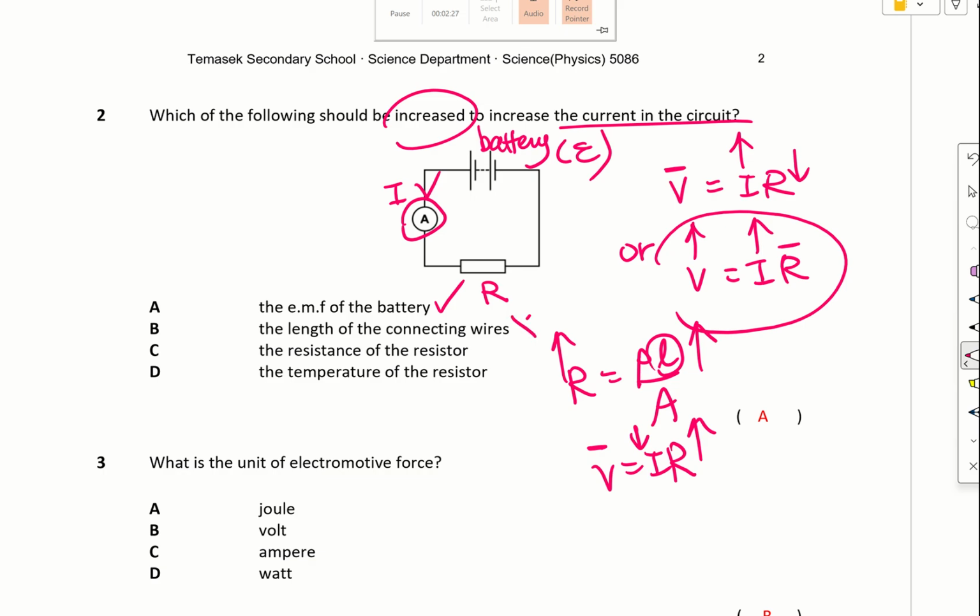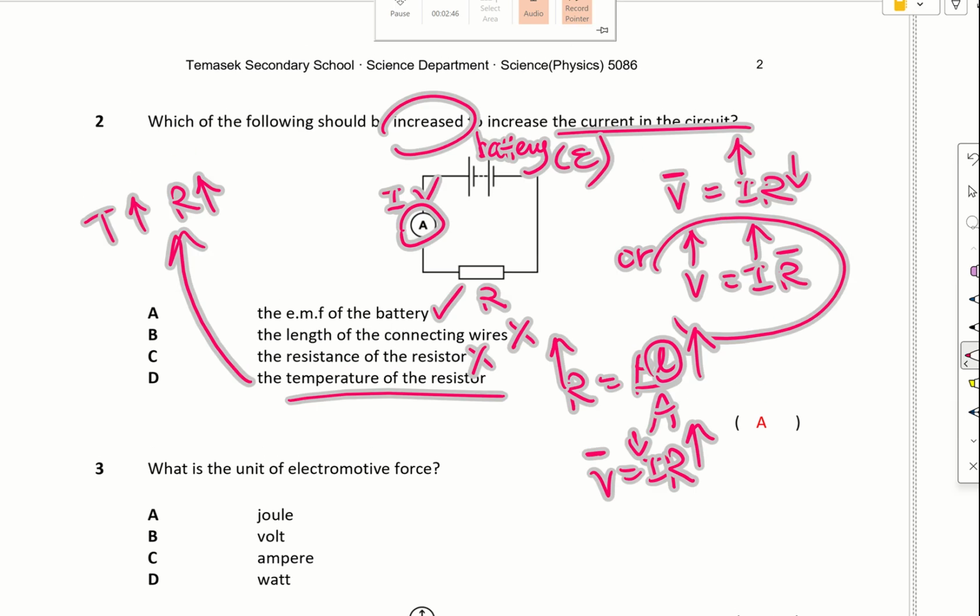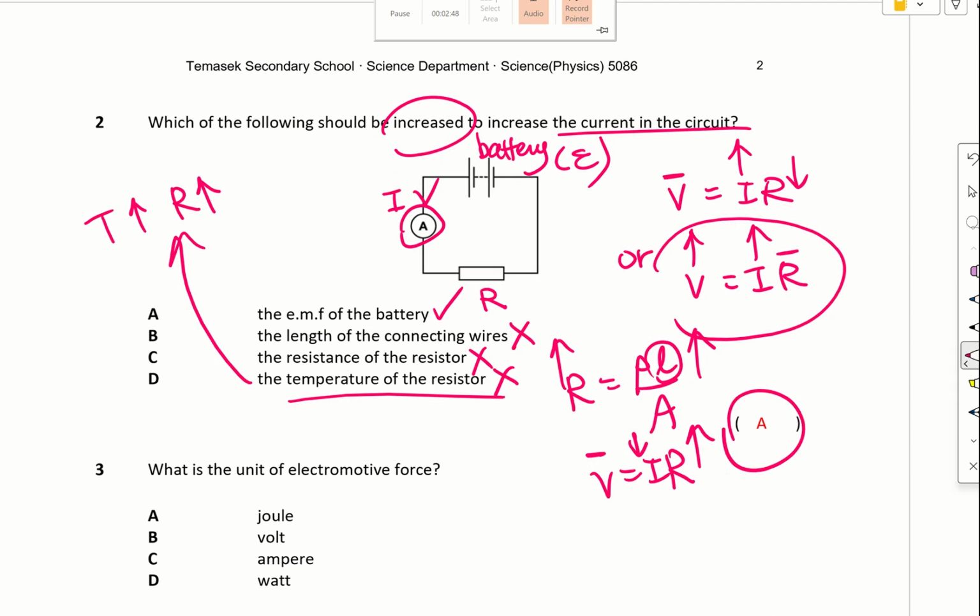So therefore, it is not correct. If I increase the resistance of the resistor, definitely no. If I increase the temperature of the resistor, I think I've mentioned that as temperature increases, resistance will increase. Okay, temperature increase will bring about an increase in resistance of the resistor. So again, this is no. So the answer is A.